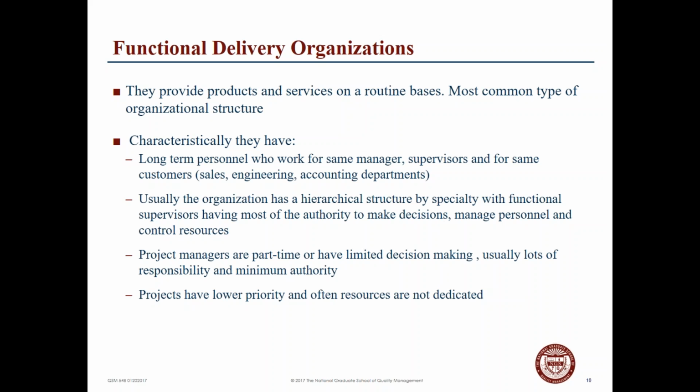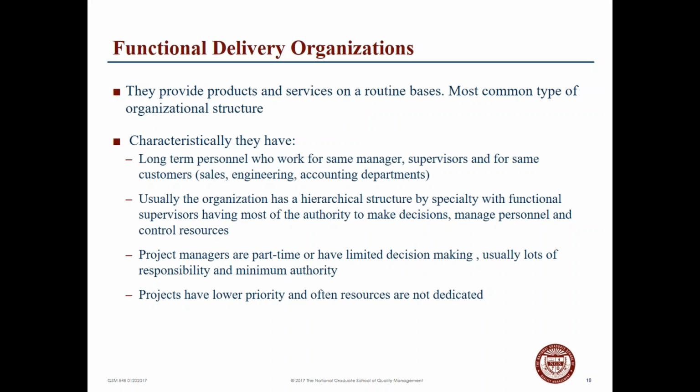Again, functional supervisors have a lot of authority to make decisions. Project managers are part-time and have a limited focus of decision making. Usually these folks have a ton of responsibility and minimum authority.